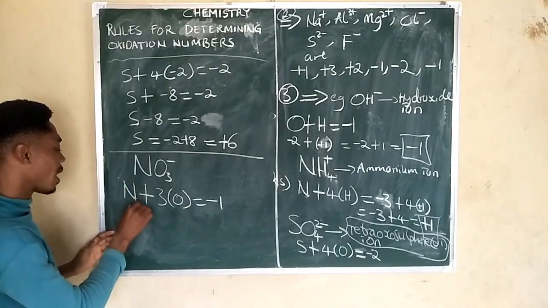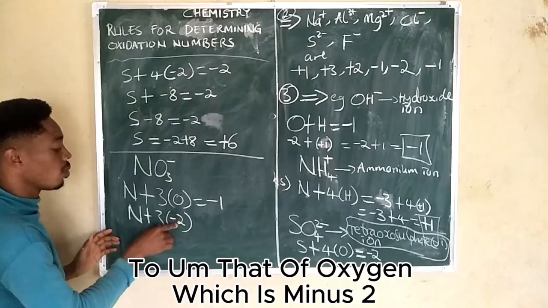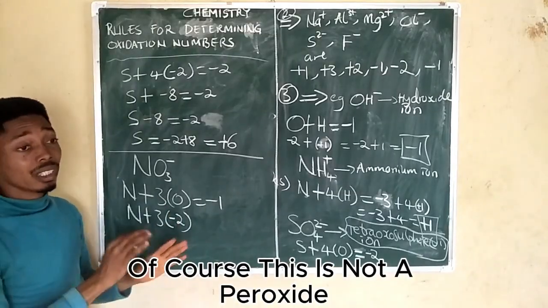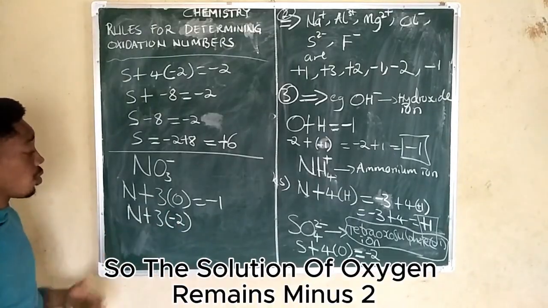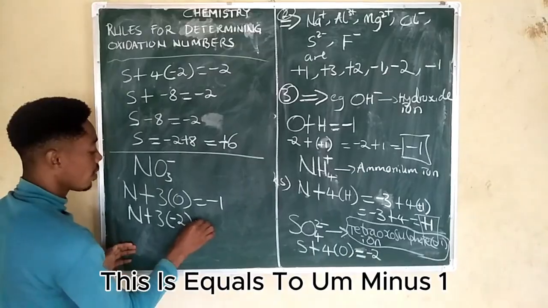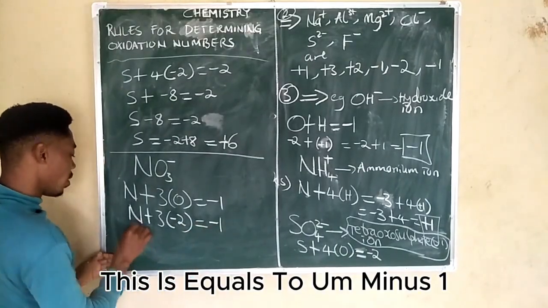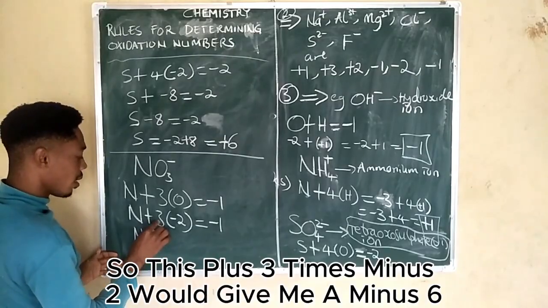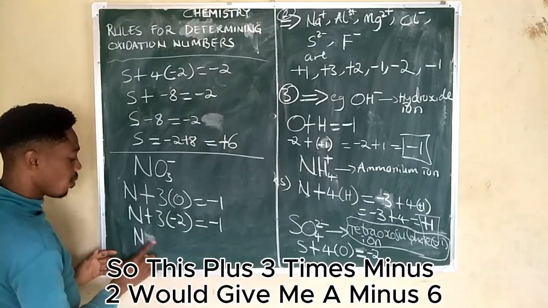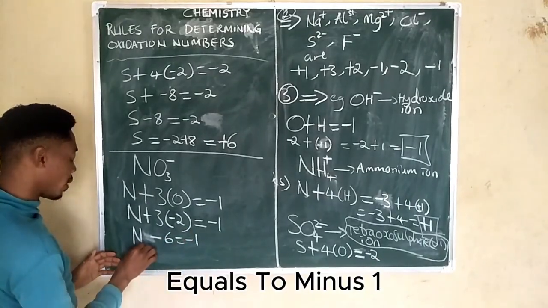So for me to add this and get minus 1, what will the oxidation number of nitrogen be? That of nitrogen plus 3 into that of oxygen, which is minus 2. Of course, this is not a peroxide, so the oxidation number of oxygen remains minus 2. This equals minus 1. So this plus 3 times minus 2 gives minus 6, equals minus 1.